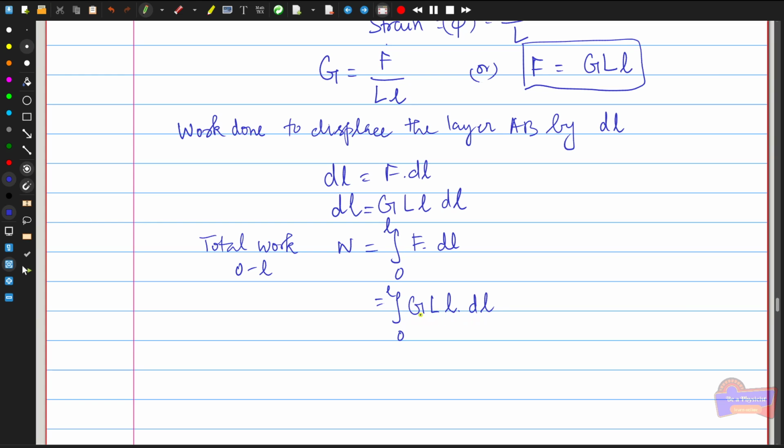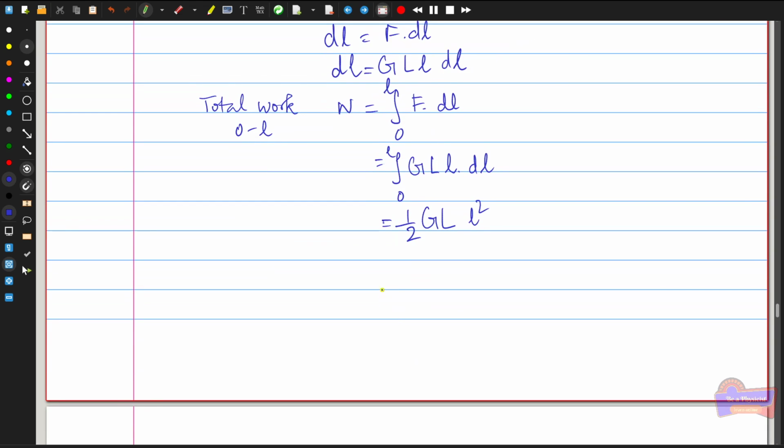So l into dl is what we want to integrate, so that I will get l squared divided by 2. And if you apply the limit, I can get half G capital L squared. So this is the total work done.